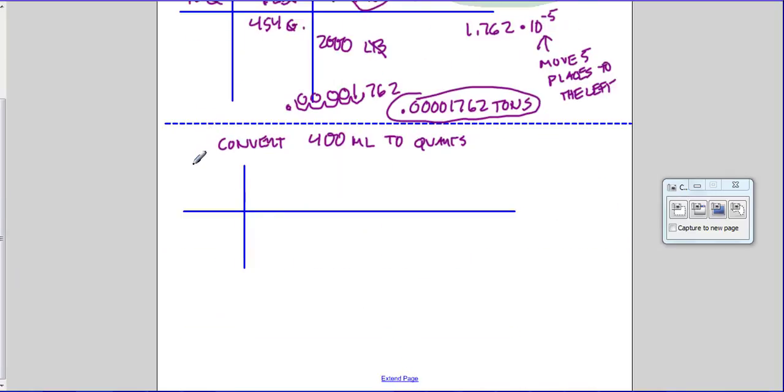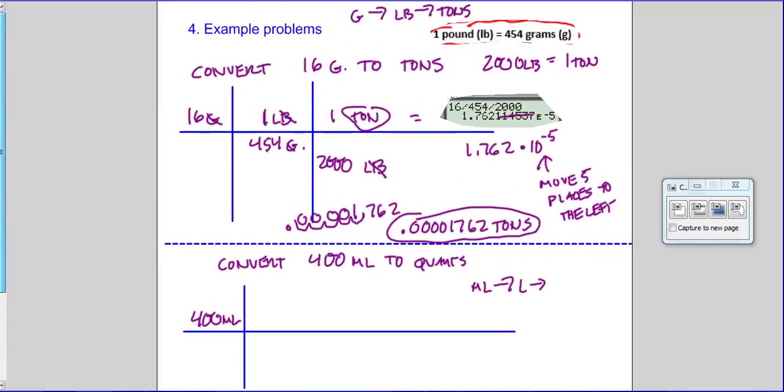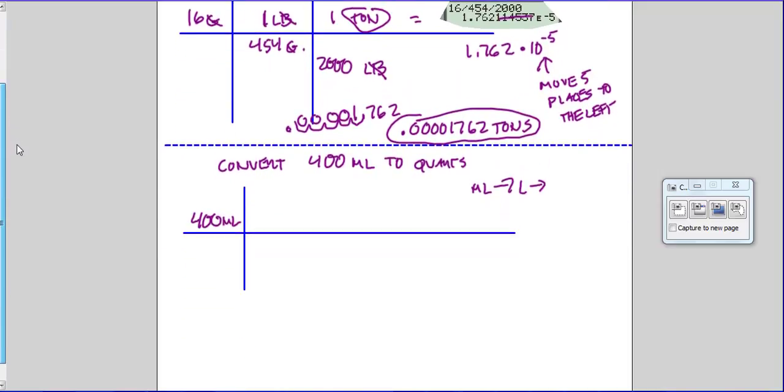Okay, convert 400 milliliters to quarts. Okay, remember milli means 1,000th, so what I'm going to do is I'm going to go milliliters to liters. Then I have to go from liters to English, and I have that conversion, I just used it a minute ago. So I'm going to have to go liters to ounces, then I could go ounces to quarts.